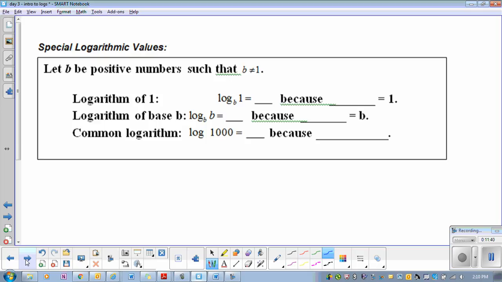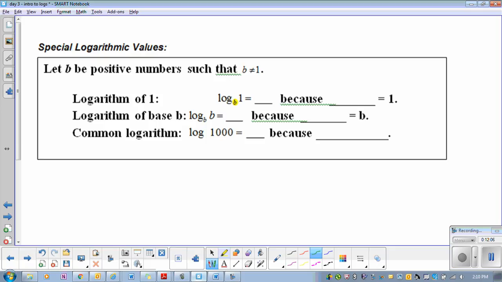Okay, so I know I joke around, I make it silly by saying log base, but what does that really mean? That means B, so this B right here. If you have B to the what power gives you 1? That's what that is.